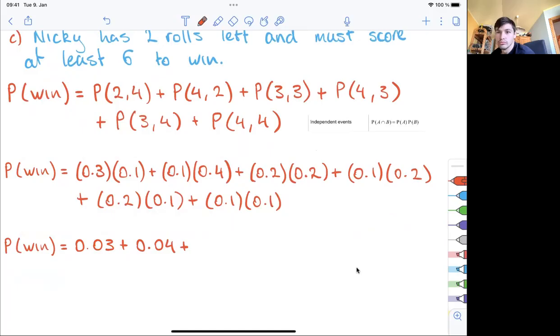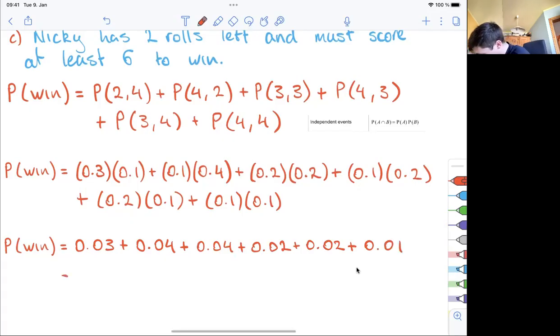Sorry, 0.2 squared, or 0.2 times 0.2, will be 0.04 as well. 0.1 times 0.2 will be 0.02, and yeah, that's repeated for the next one as well, 0.2 times 0.1, so 0.02. And then 0.1 times 0.1 is 0.01.